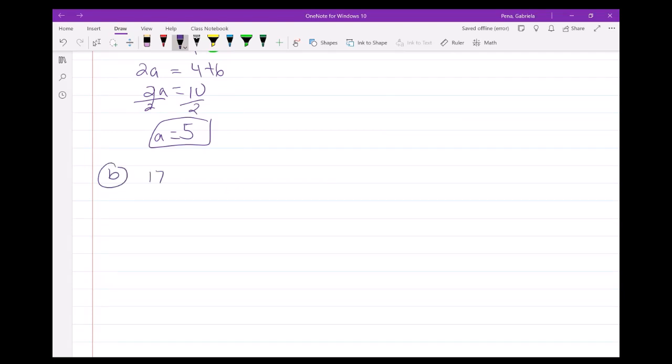Next problem, 17 minus 7x plus 3 equals negative 3x plus 21 minus 3x. So what I'm going to do here first is rearrange things, group things that would have to go together.